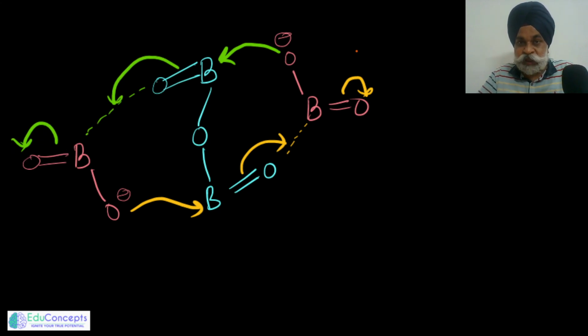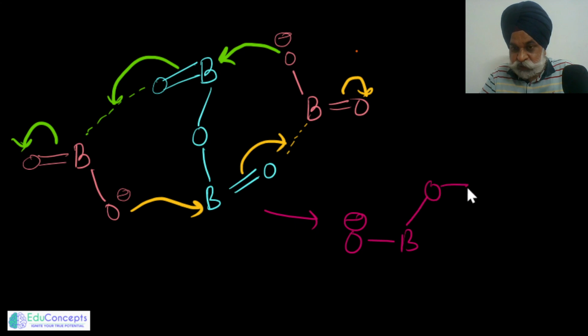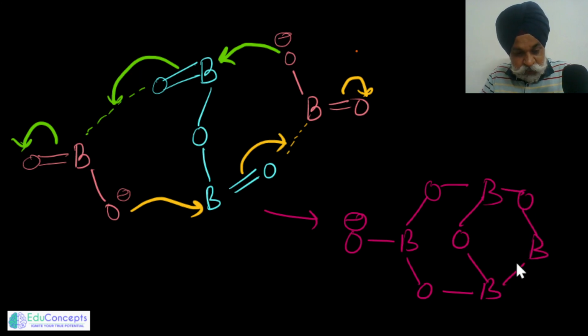As a consequence, what exactly you have got here is a species with negative boron, this got joined here, this got joined here, and between the two borons there is oxygen. Wow, beautiful it is.